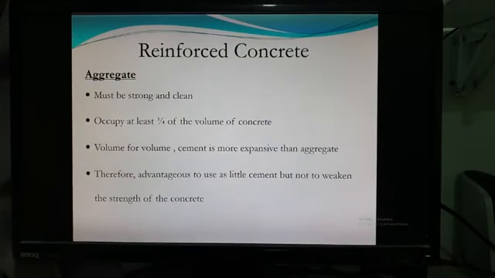Okay, in terms of aggregate, must be strong, must be clean, and must occupy 3/4 volume of concrete. Okay, so we use aggregate because it's naturally a lot cheaper than cement, so we use it to keep the cost down and also improve the quality or the properties of the concrete.